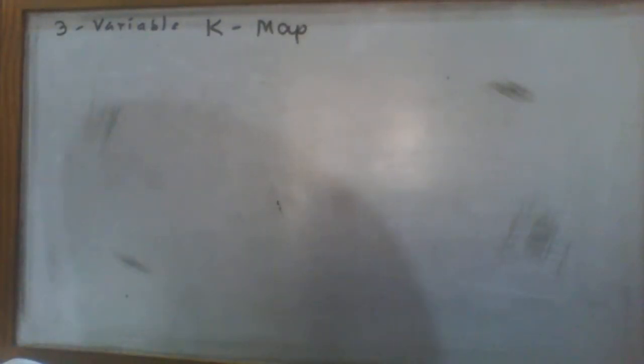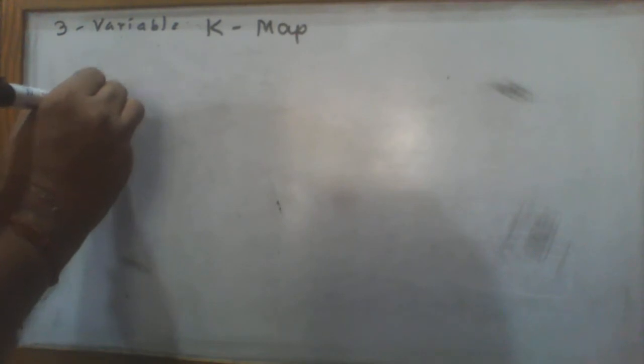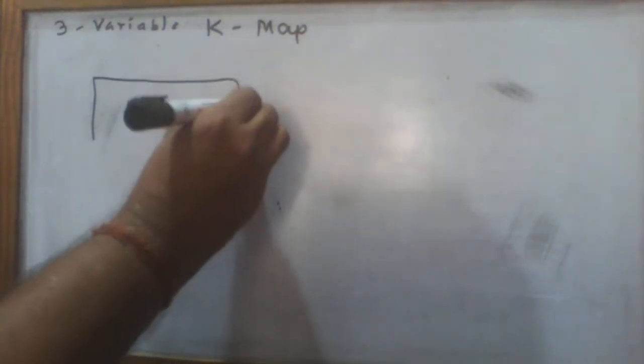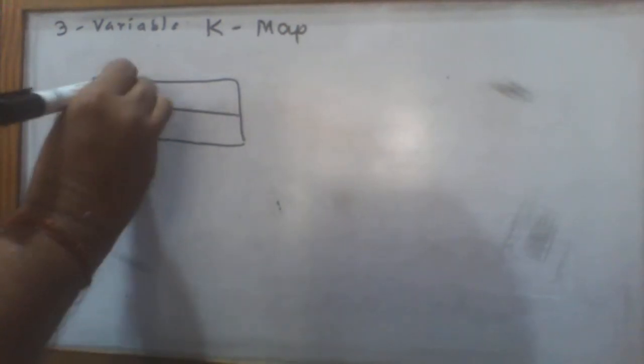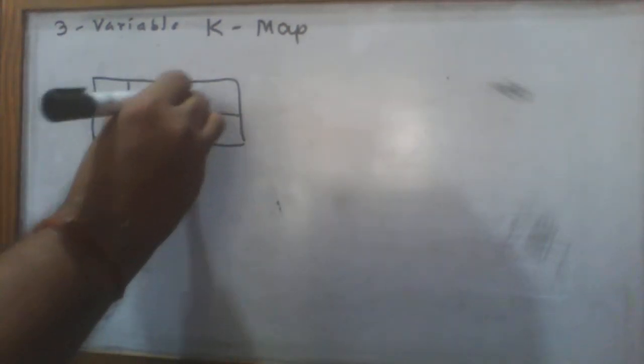Now in this three variable K-map, we know that the K-map can be written in this way. This is the method.